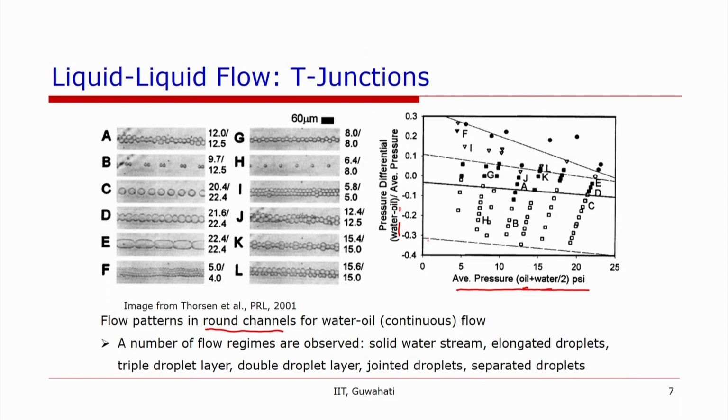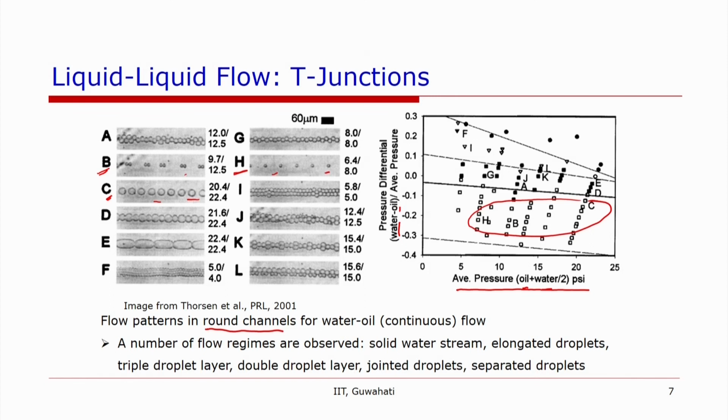Then as it is increased, we see three different flow regimes here, H, B and C. If we identify these H, B and C, depending on the pressures and the average pressure values, one can see that there is formation of droplets, and as the average pressure is increased, the size of the droplet is seen to increase. In all three cases the difference of the two pressures is negative, so that means water pressure is lower than the oil pressure.